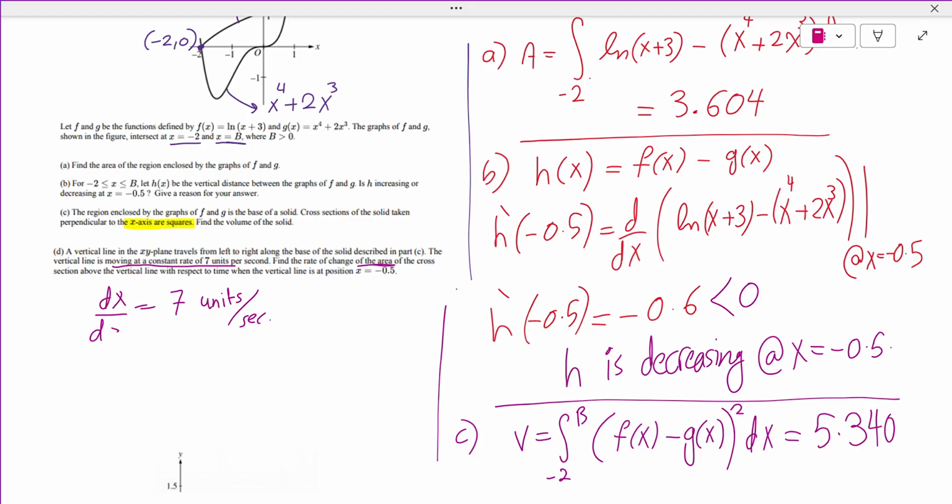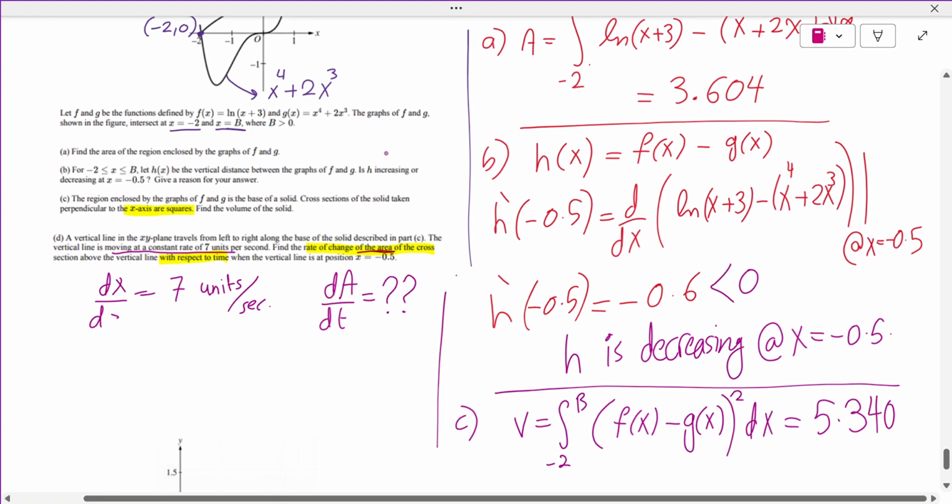Well, let me highlight what we are looking for. We are looking for the rate of change of the cross sections with respect to time, that means we are looking for dA over dt.